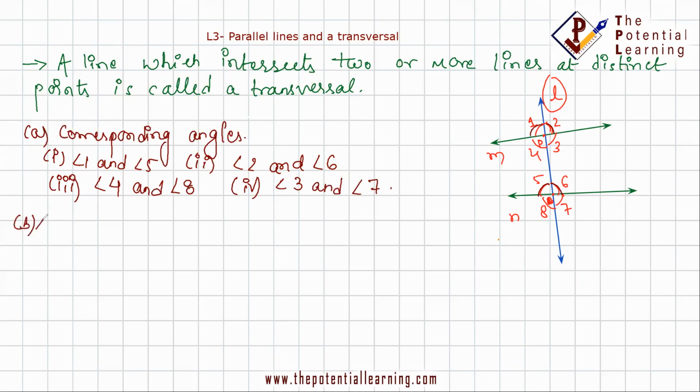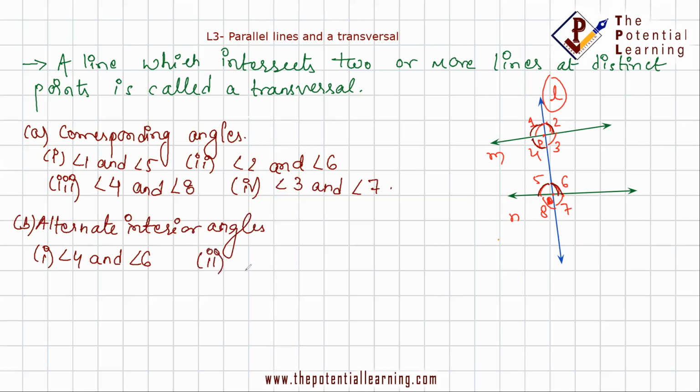Now the second one is alternate interior angles, right? Here we will be finding 4 and 6 as alternate interior angles. So this is this one, and the other pair, 3 and 5, right?